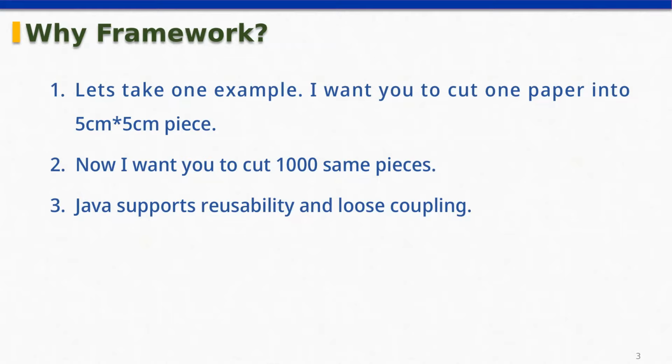And coming to the next point, Java supports reusability as well as loose coupling by default. But to maintain this reusability and loose coupling in your application, for example, you are building an e-commerce website and writing the classes and interfaces, how do you maintain the reusability? How do you make it loosely coupled? You have to think by yourself.